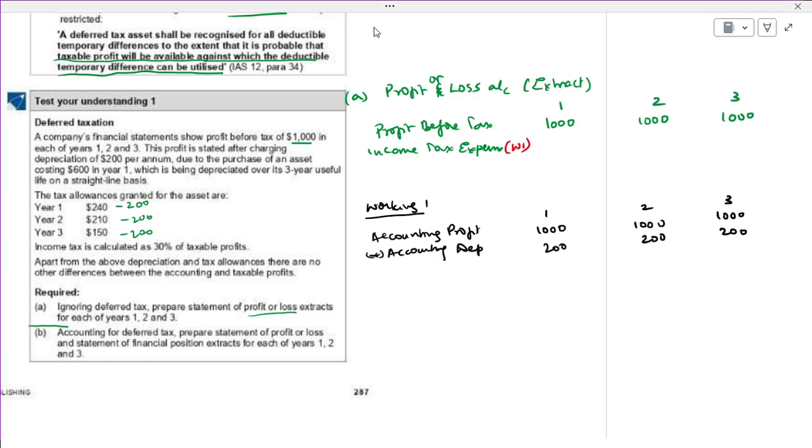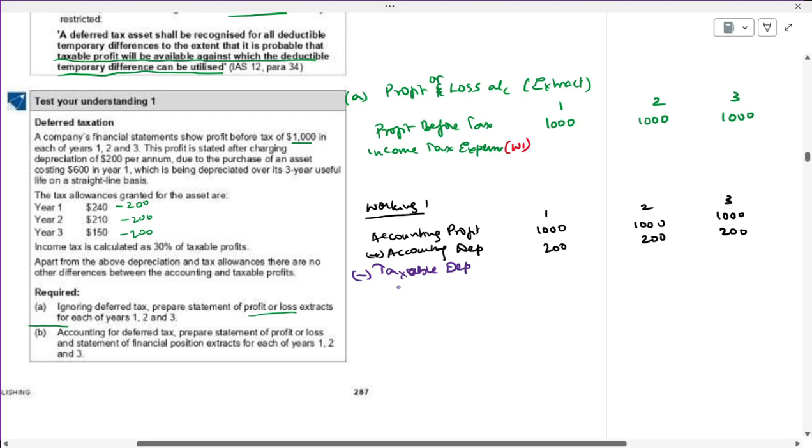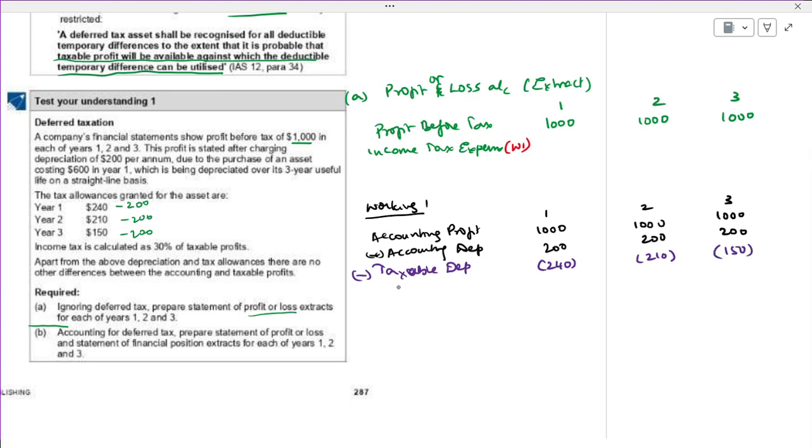What is the taxable depreciation? We have to deduct taxable depreciation. How much is the taxable depreciation? 240, 210 and 150.